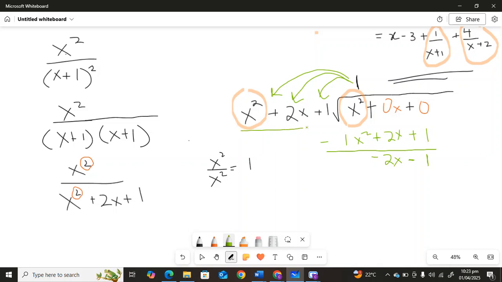Okay, the divisor's power is greater than the remainder's power, this 2x power. The divisor's power is greater than the remainder's power, so you end here. This is your remainder, negative 2x minus 1.